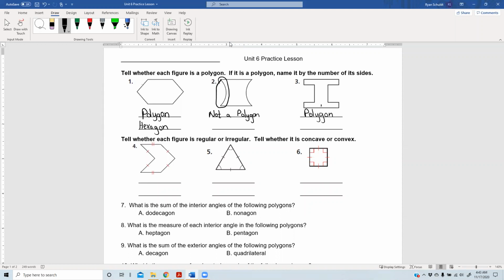So 1, 2, 3, 4, 5, 6, 7, 8, 9, 10, 11, 12. This polygon has 12 sides. A 12-sided polygon is called a dodecagon.